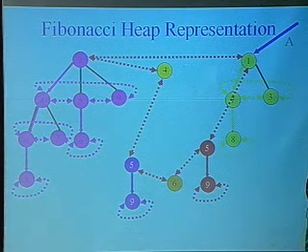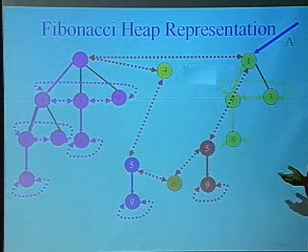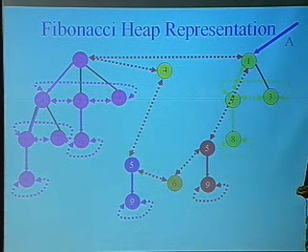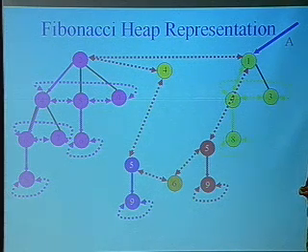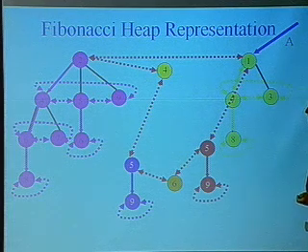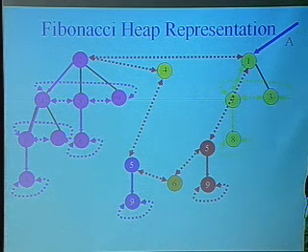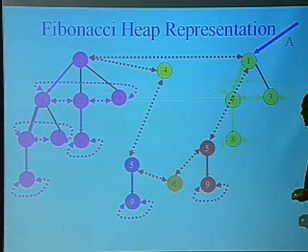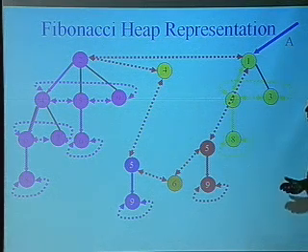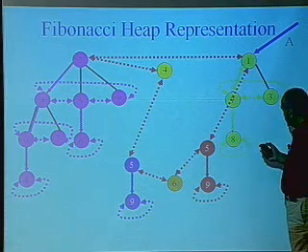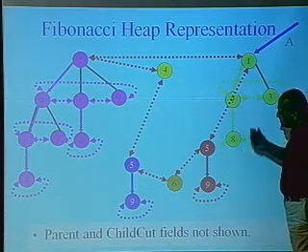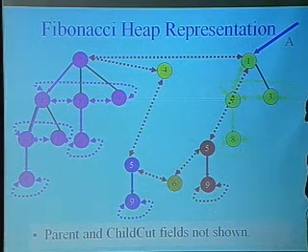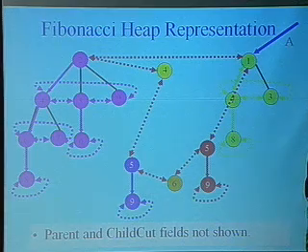Again, the kinds of trees that can arise are dependent on how we define the algorithms. Just like in a binomial heap, we ended up with the binomial trees by virtue of how we defined the algorithms. Okay. Now, I guess I should point out, some of the fields are not shown here. Parents not shown, and child cuts not shown.